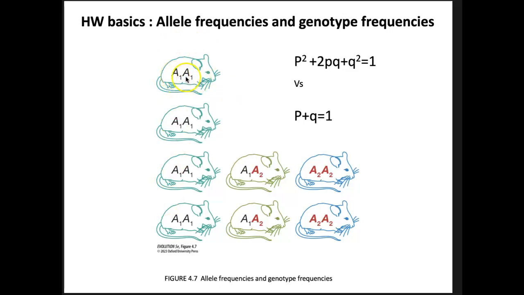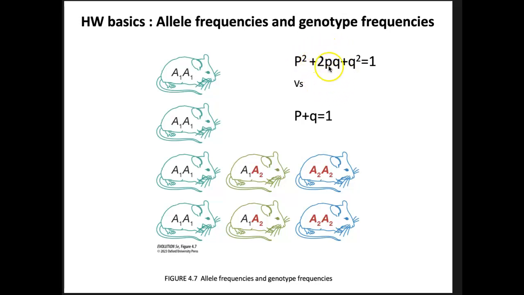In this particular population, the mice that have the allele A sub 1 represent our homozygous dominant genotypes. Those individuals are represented by p squared.